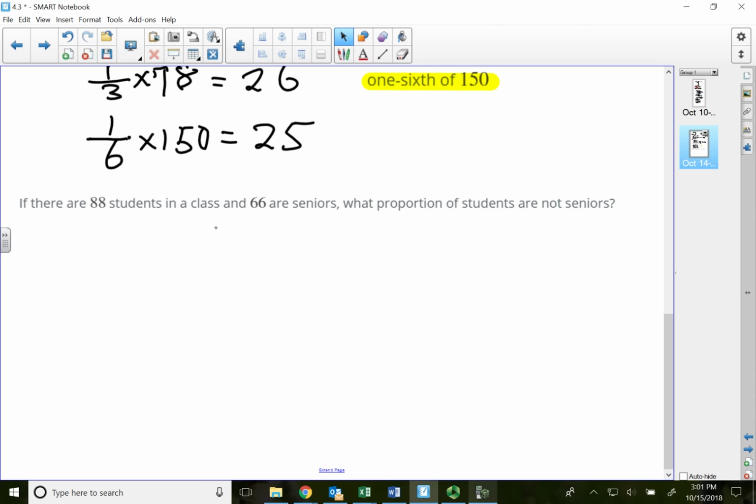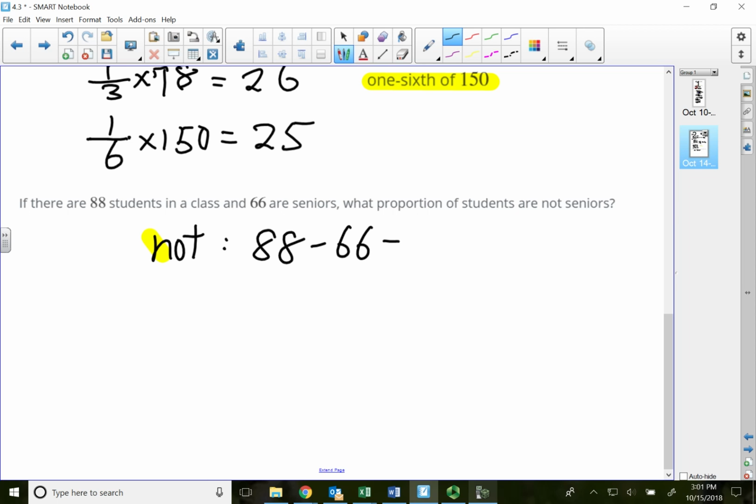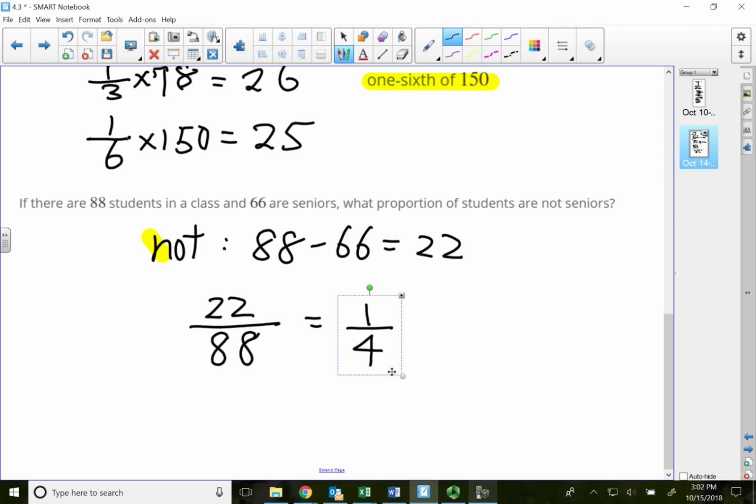The number of students that are not seniors has to be 88 minus 66, which is 22. So what proportion? That will be 22 out of the entire 88 students. If you put that in the calculator, you can reduce by 22 itself, so that will be 1/4. 1/4 of the students are not seniors.